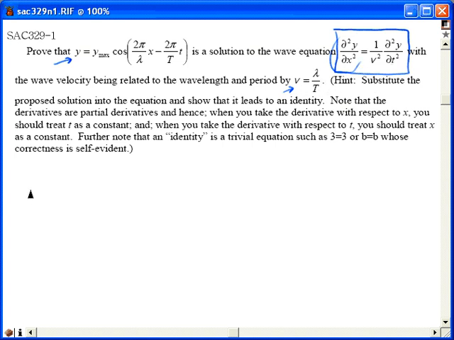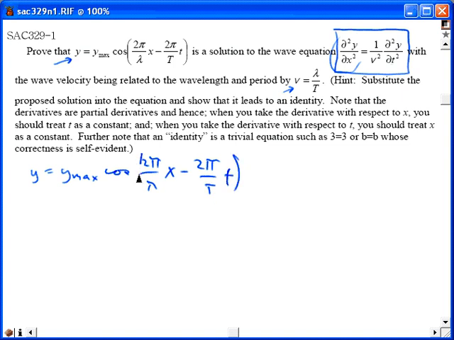So let's get started by taking the second derivative of y with respect to x. I'll copy down the y first. Okay, and this means second derivative is curly d's, meaning keep everything else constant.